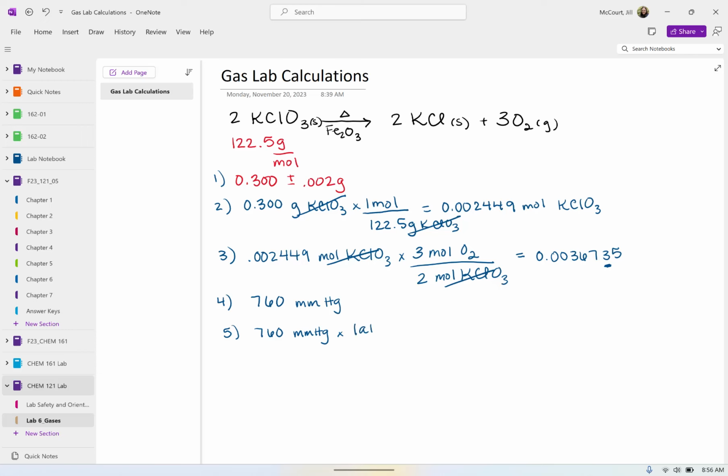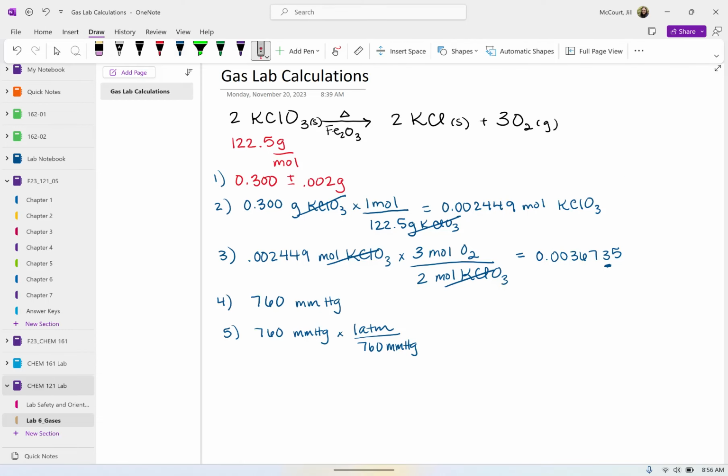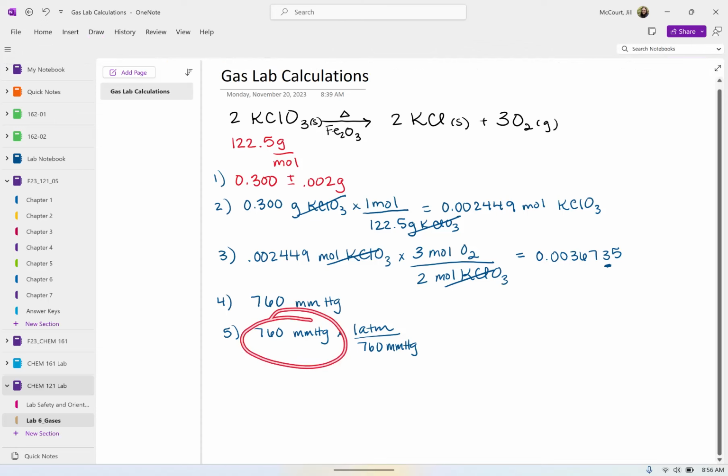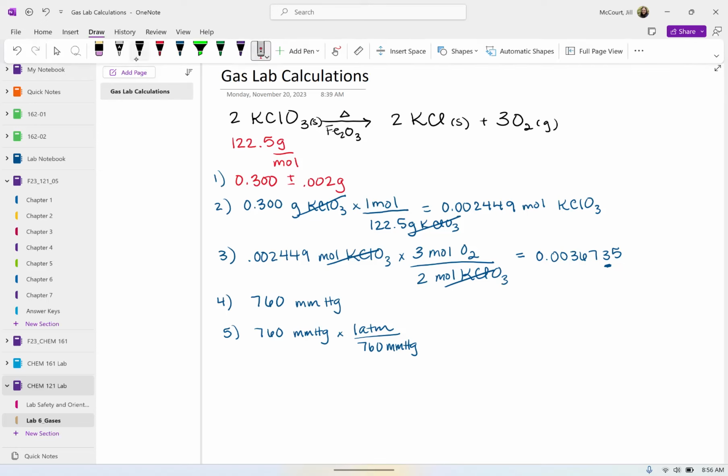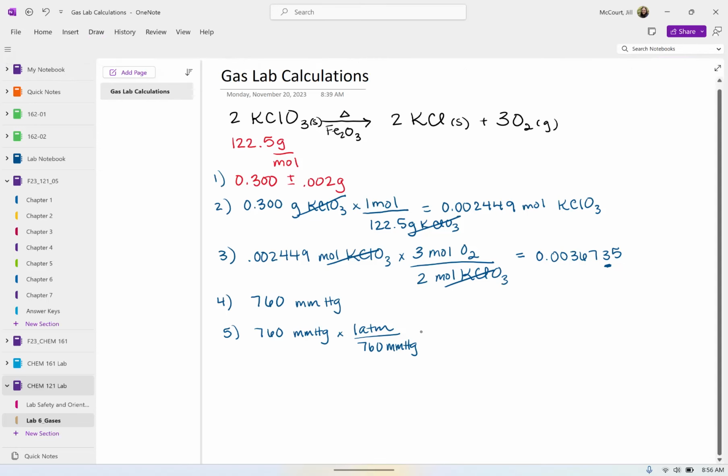So 1 atmosphere per 760 millimeters of mercury. So you basically take whatever your reading is in millimeters of mercury and divide by 760, and that will give you the pressure in atmospheres. So again, yours will be slightly different.